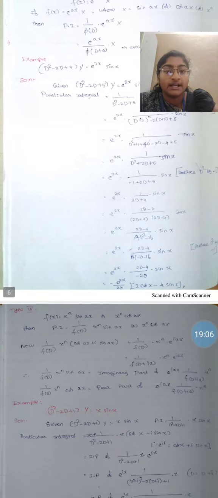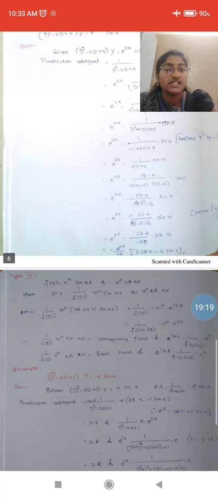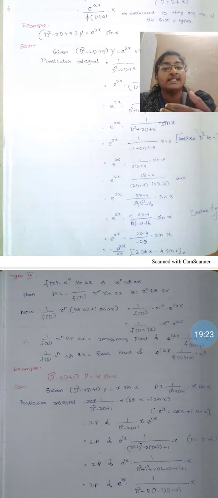Okay. Next, multiplying both the numerator and denominator by 2d minus 4. Again, (a plus b)(a minus b) will become a square minus b square. So the denominator becomes 4d square minus 16. Again I am converting this d square into minus 1, we already know that.